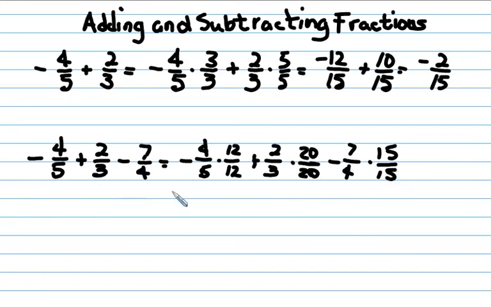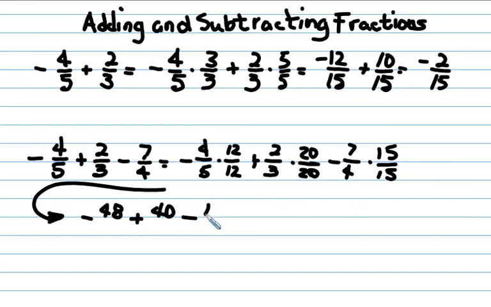So now let's go ahead and simplify this and see what we come up with. That gives me a negative 48. 2 times 20 will give me 40. And 7 times 15 will give me 105. And if you look, 3 times 20, 5 times 12, and 4 times 15, everything has a denominator of 60.